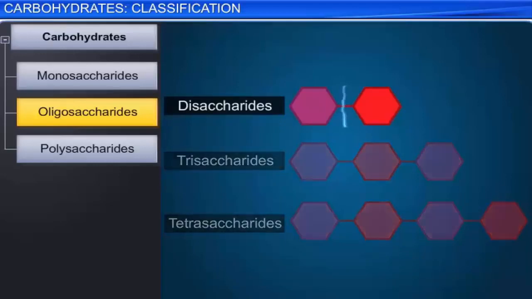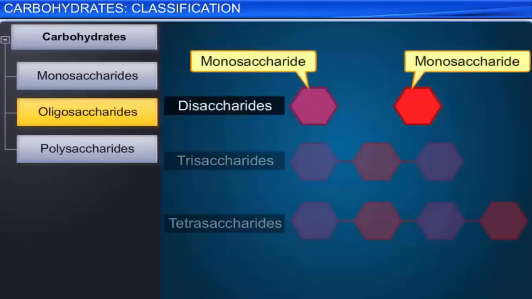On hydrolysis, a molecule of a disaccharide yields 2 molecules of monosaccharides. In other words, a disaccharide is made up of 2 monosaccharide units. The monosaccharide units that are produced on hydrolysis may be the same or different.